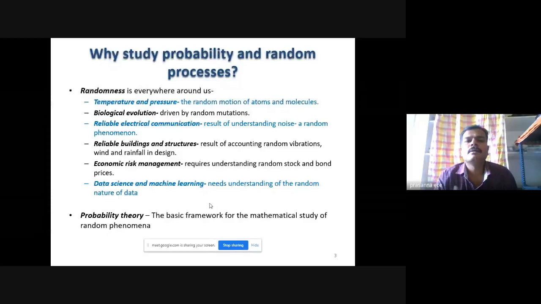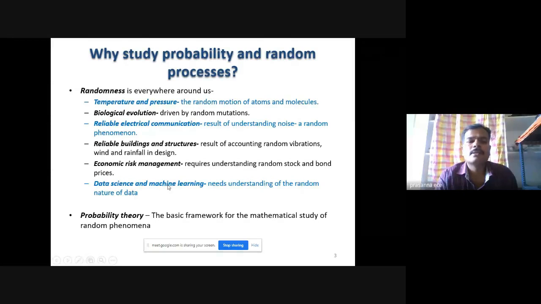They predict some patterns in the data, come to some conclusions, and this gets stored inside the memory of the machine as learning. In that, we have to understand the random nature of data. The data that comes to the machine is itself random. Only when we understand the randomness in the data will we be able to predict patterns in it.